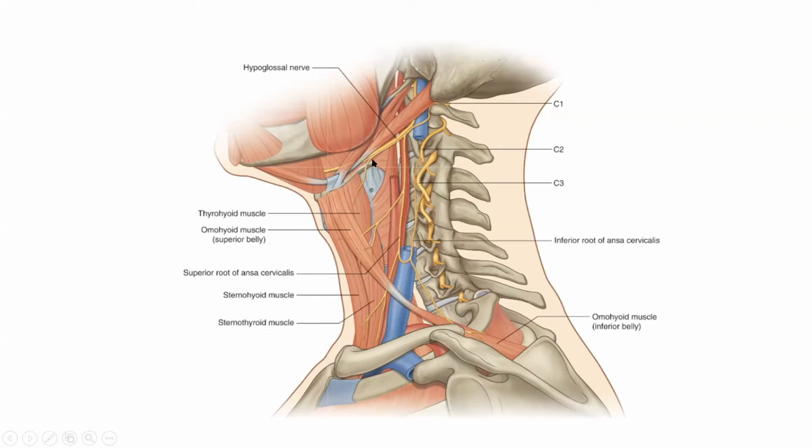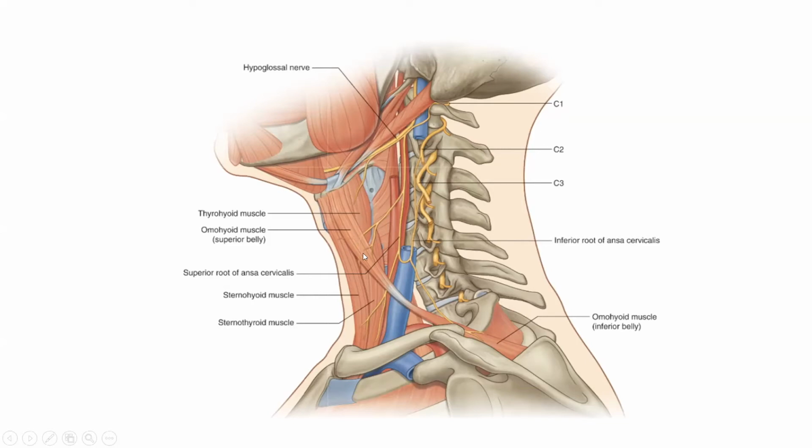And the other muscle that is innervated by this C1 segment that is going along the hypoglossal nerve is the geniohyoid muscle, which is the suprahyoid muscle. So these two muscles, the thyrohyoid muscle and geniohyoid muscle, are directly and separately innervated by the motoric fiber that is arising from C1 and is going along the hypoglossal nerve.